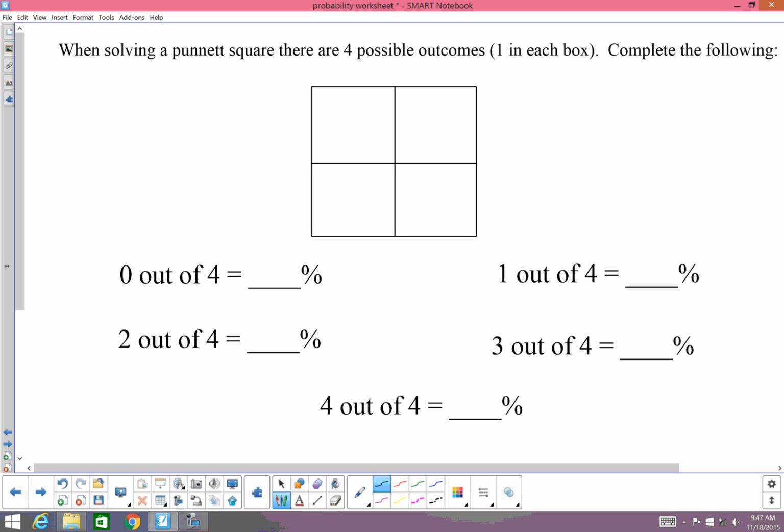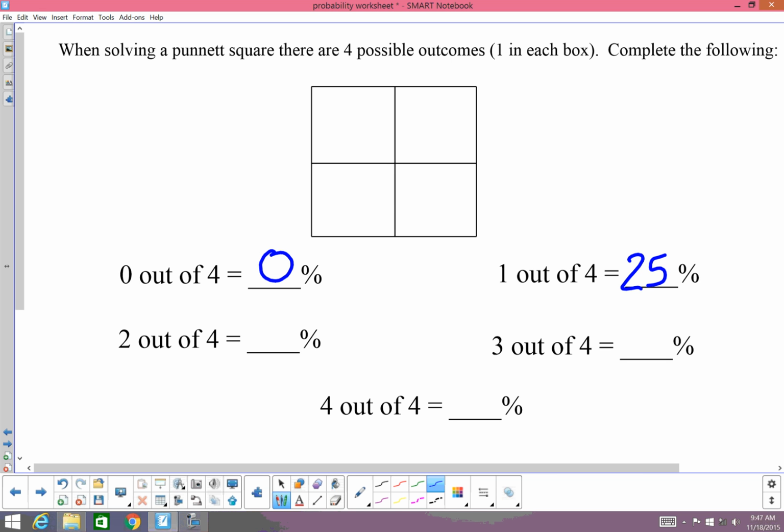All right, so let me change the color here. Let's do blue. 0 out of 4. So let's say we were to fill in the Punnett square and none of the offspring had the trait we were looking for. So 0 out of 4 would give us 0%. Okay, so what do you think 1 out of 4 would be? It should be 25%. Okay, you should have the idea by now.